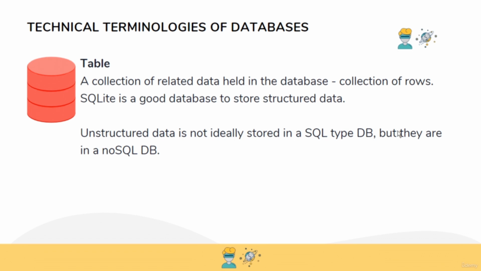Next one is a table. You've seen a table in your life, that beautiful intersection of horizontal and vertical lines. A table is a collection of related data held in the database, a collection of rows. SQLite, or SQL database in general, is a good database to store structured data. Structured data is that type of data that you know which structure it is going to follow.